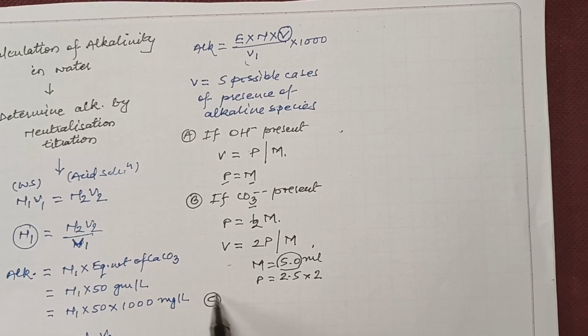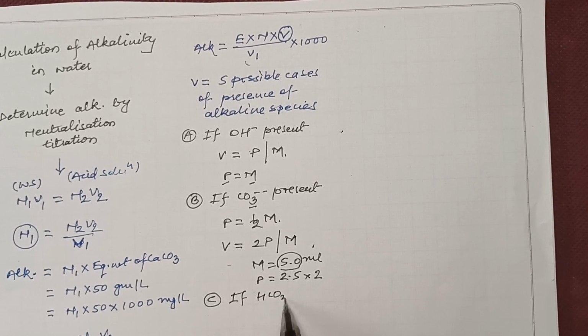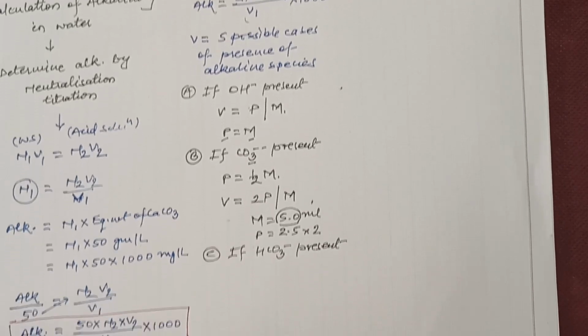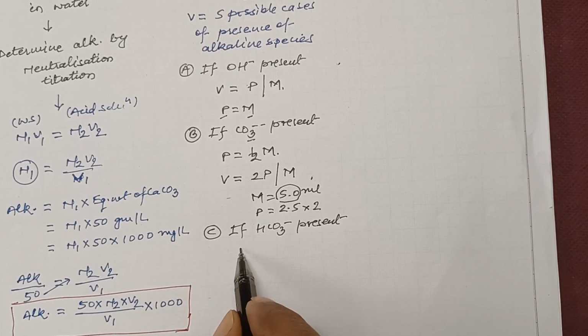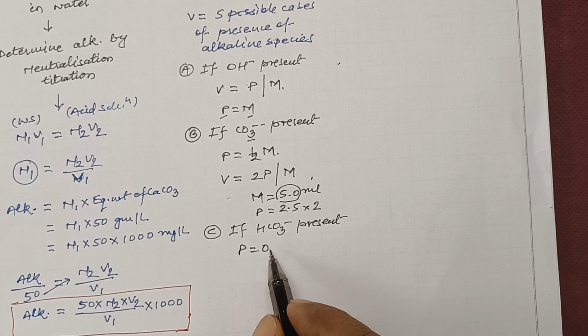Case number 3. If bicarbonate ion is present only, then in such a case P will be 0. P is nothing.